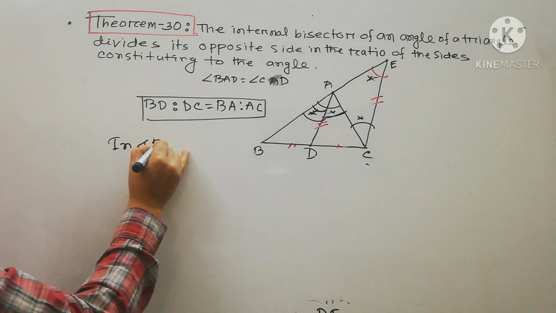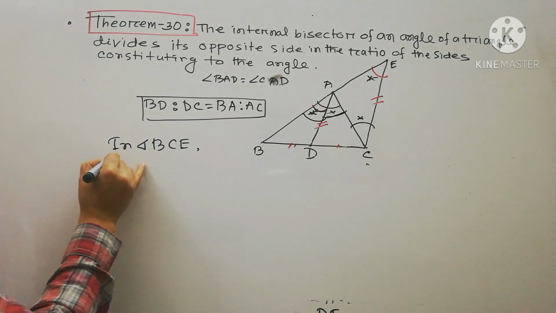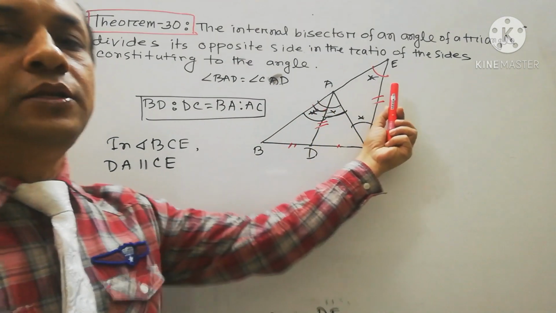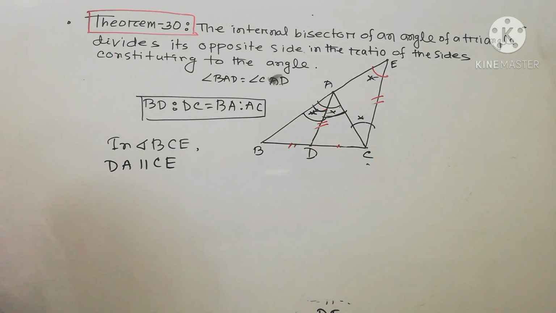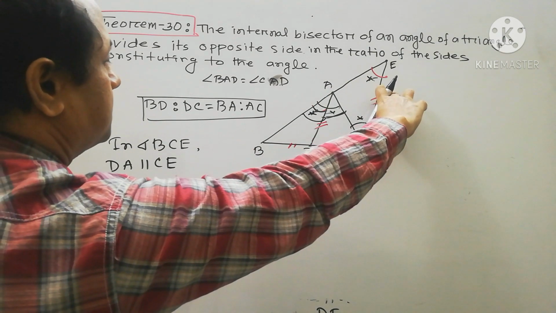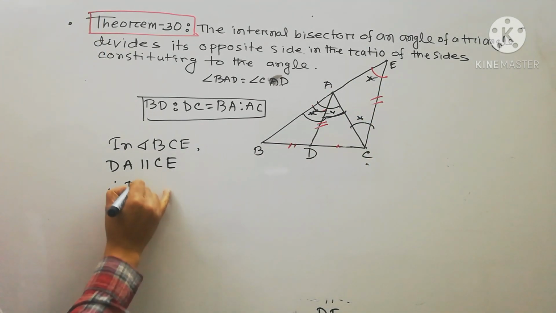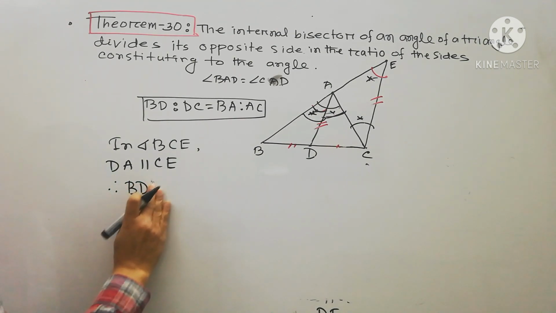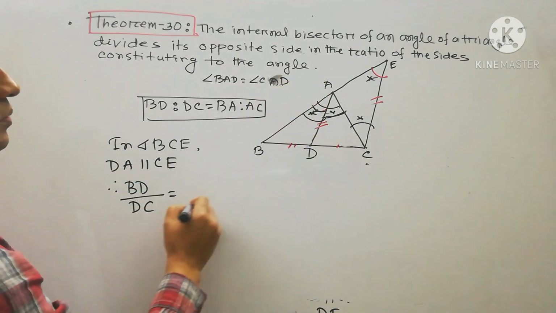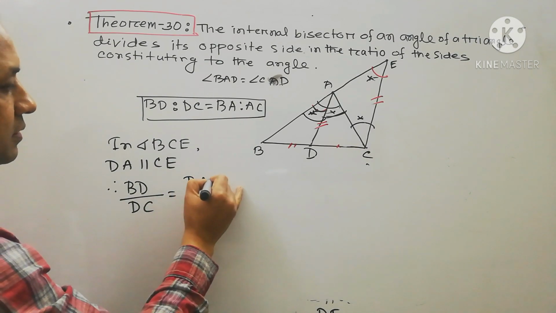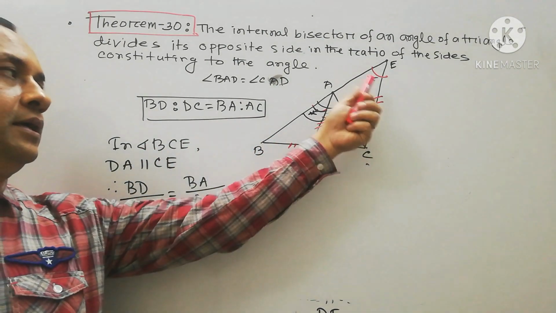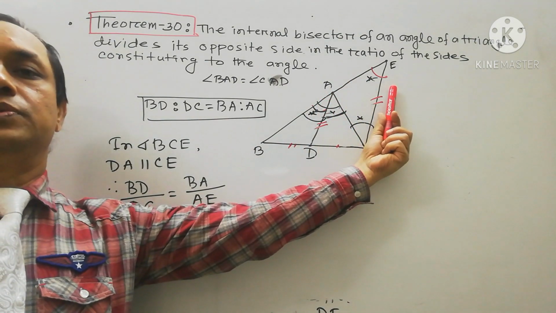In triangle BCE, here DA is parallel to CE.